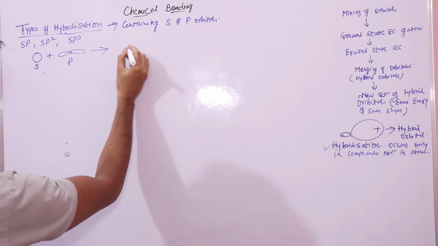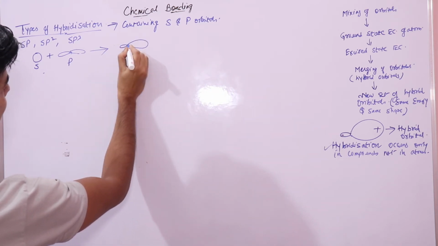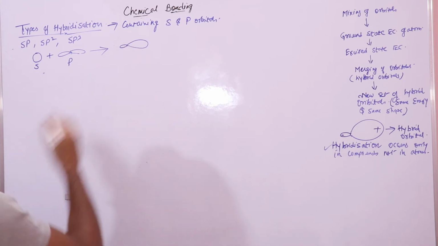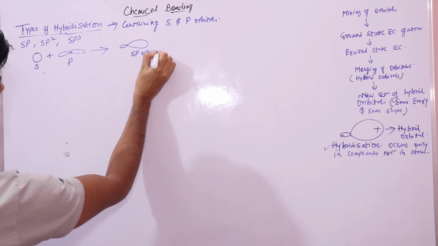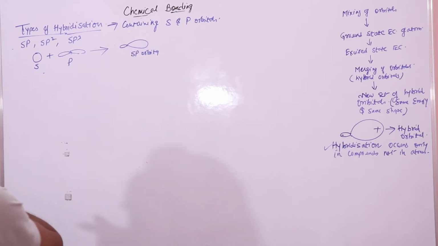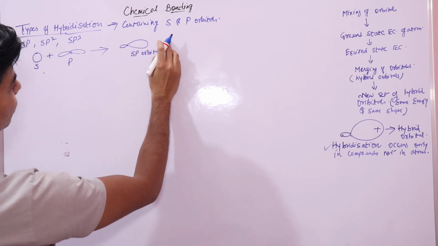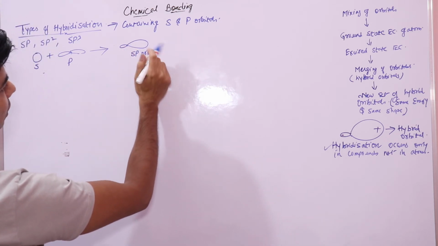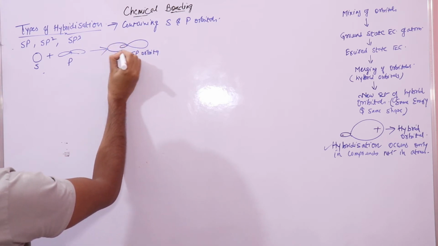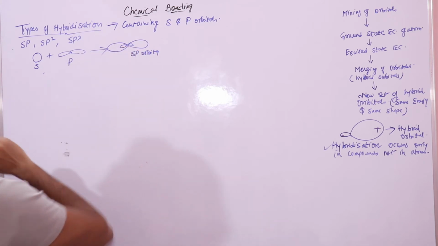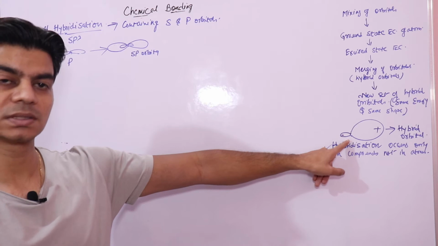It will form hybrid orbitals of this sort. This is your sp orbital, and they would be 2sp orbitals and would be represented like this, right, because I said one of the lobes is bigger, the other is a smaller lobe.